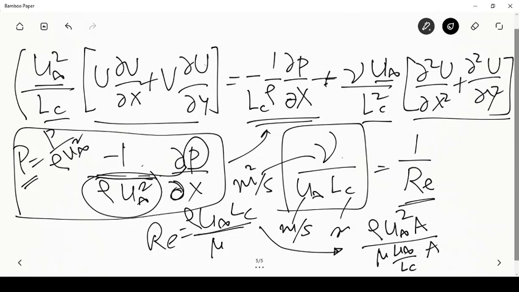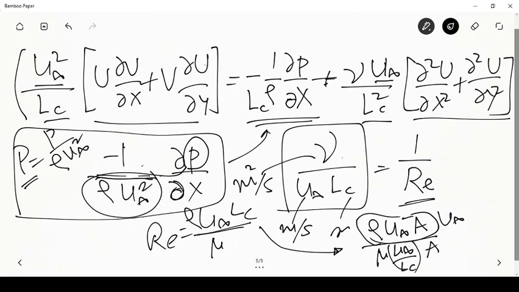Now what you have is rho u infinity A multiplied by u infinity, so I can write this as rho u infinity A into u infinity, and here I'll have mu u infinity by Lc into A.